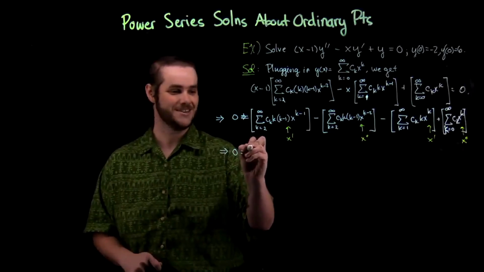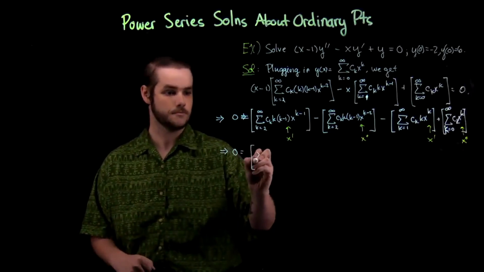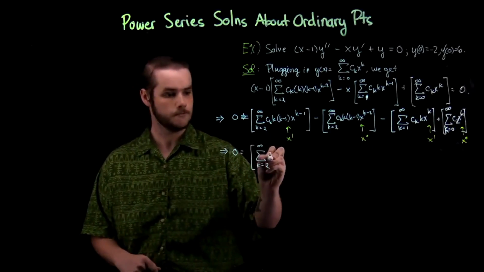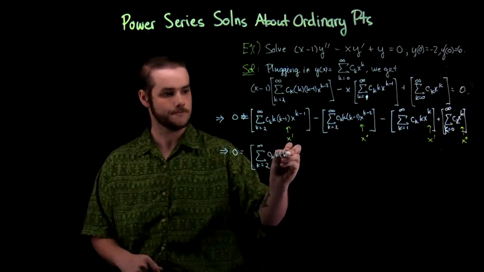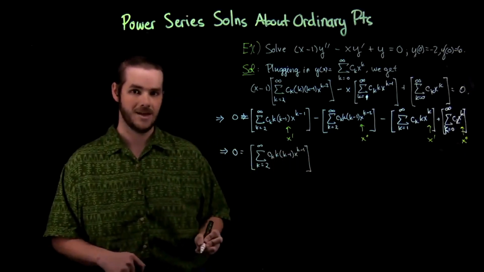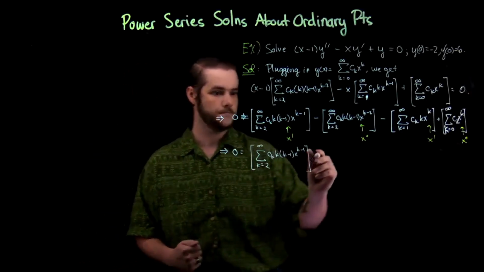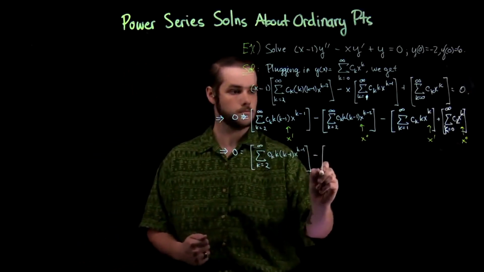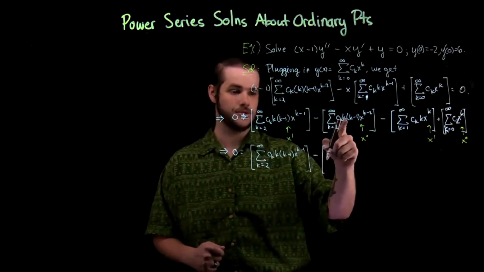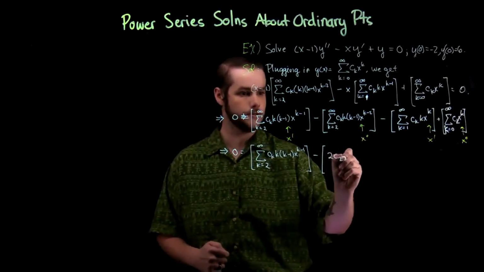0 equals. In the first term, I'm already good to go. In the second term, I've got to shift up by 1, so I'm just going to strip out the first term. When I plug in 2, I get c2 times 1 times 1, or 2c2.